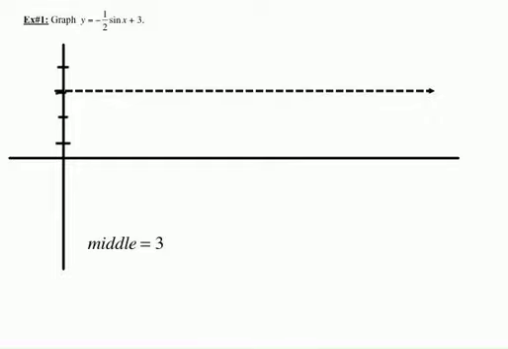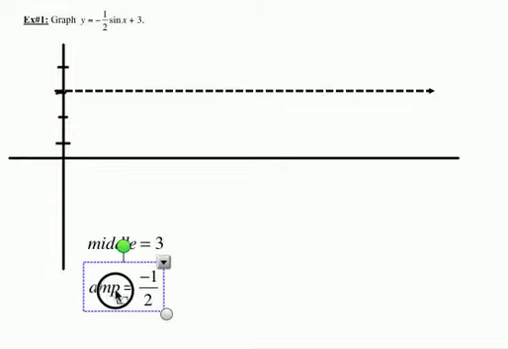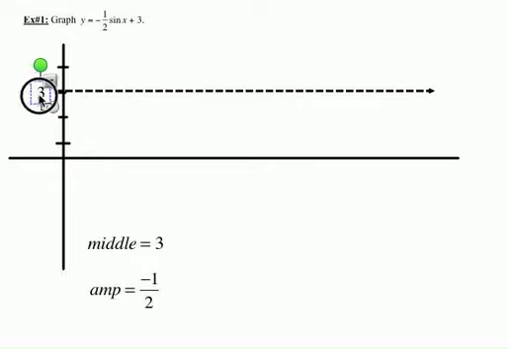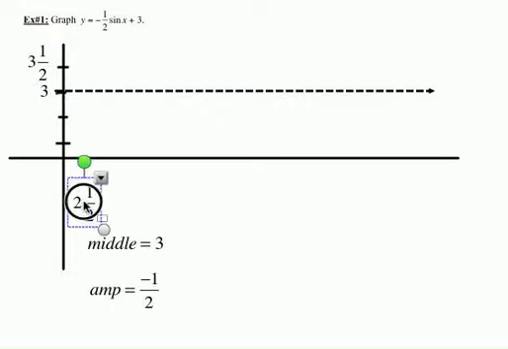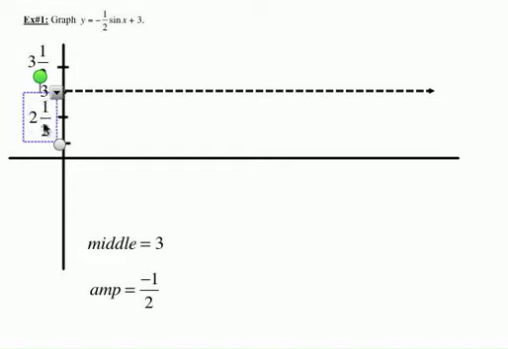Next thing we're going to look for is the amplitude. The amplitude's out in front of the sine, so our amplitude here is -1/2. That means from the middle line, which we placed at 3, our graph is going to go up 1/2, or to 3.5, and down 1/2, which would be 2.5. These are all things you have to label on your graph. You have to label the middle line, the maximum, and the minimum.